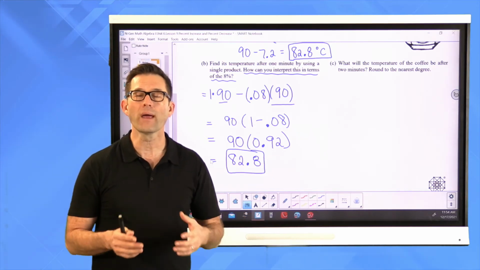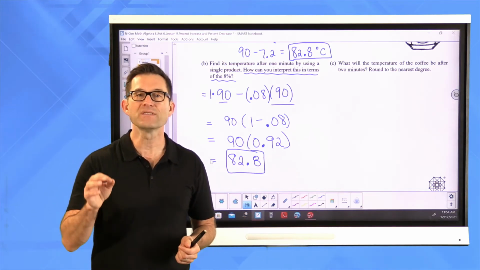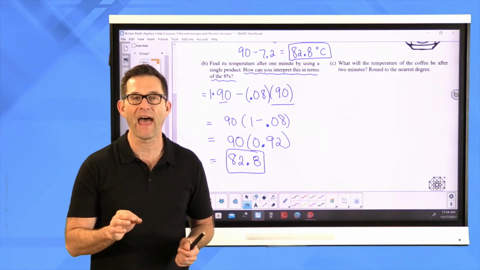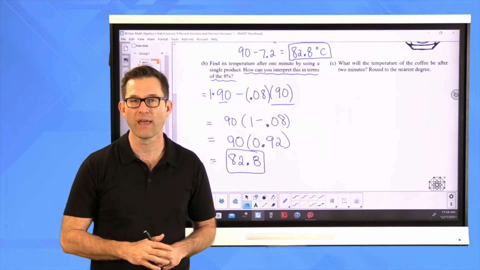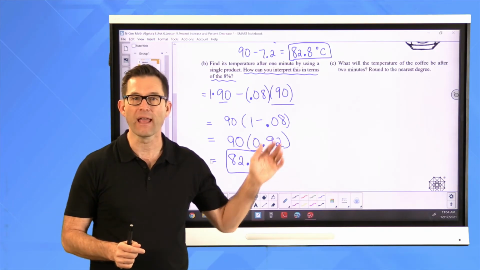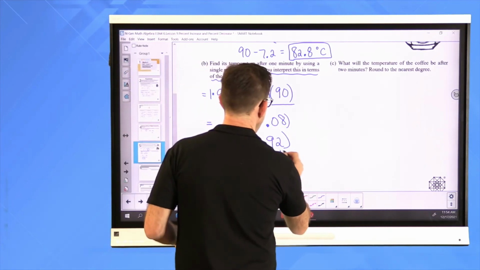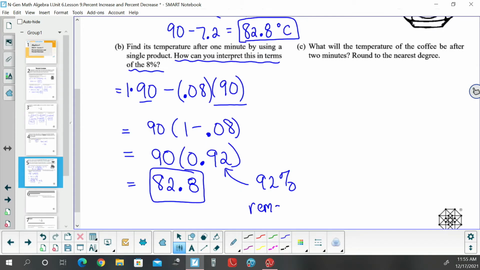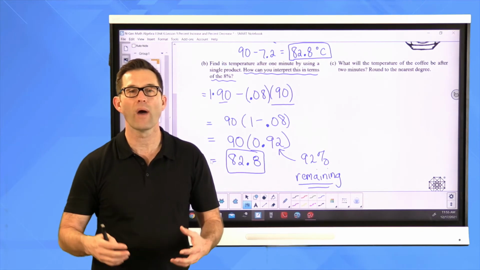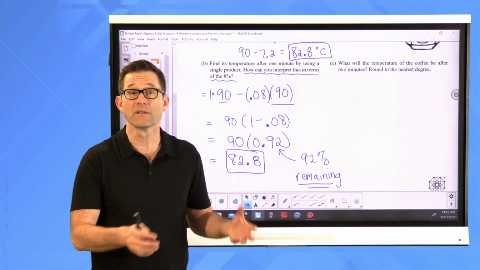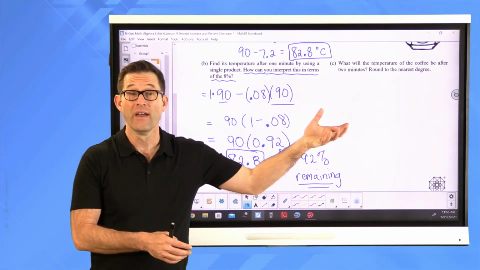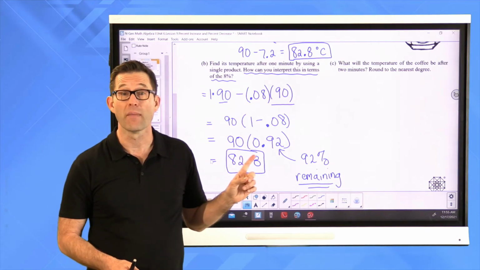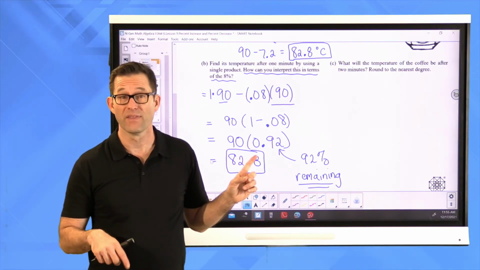So really, what I'm multiplying by is always the decimal version of the percent I have after I've done the multiplication. So if I decrease by 8%, I have 92% remaining. It's always about the percent that is remaining of what you have originally. If you're increasing, the percent that you have remaining is larger. And if you're decreasing, the percent that you have remaining is smaller than the original.